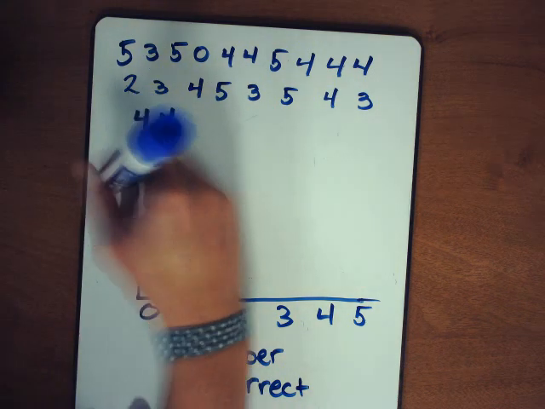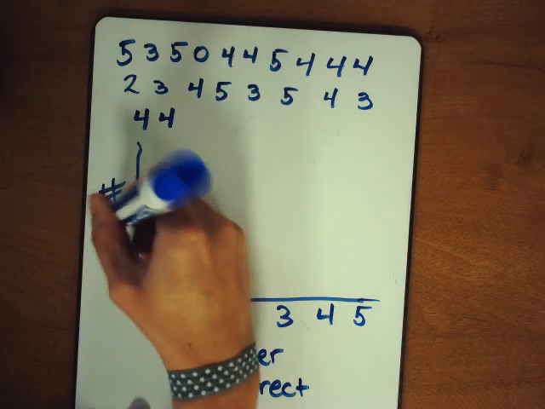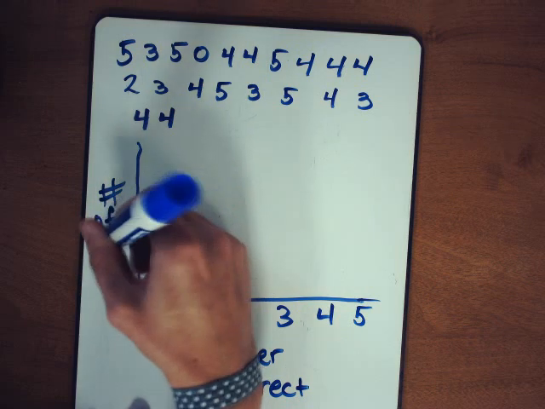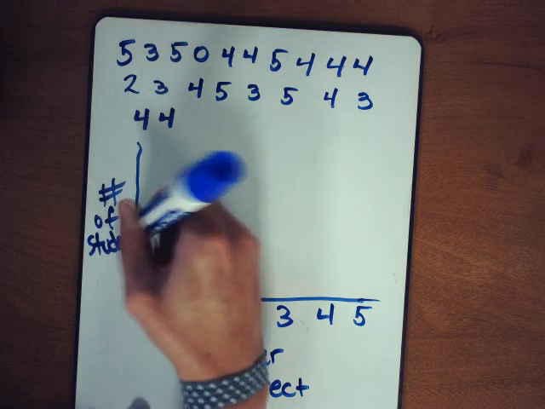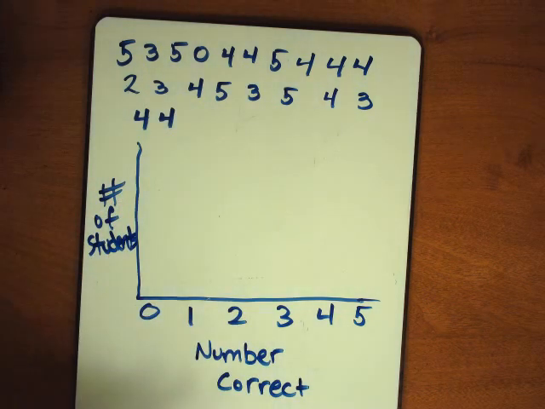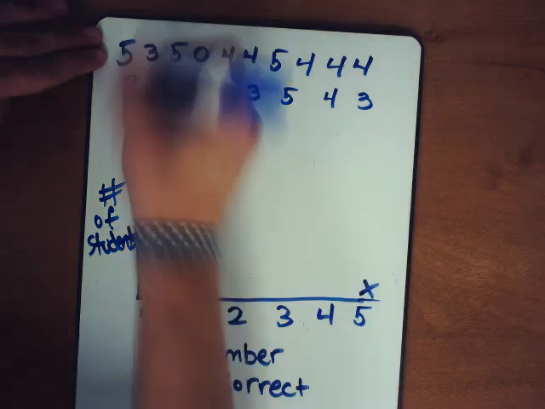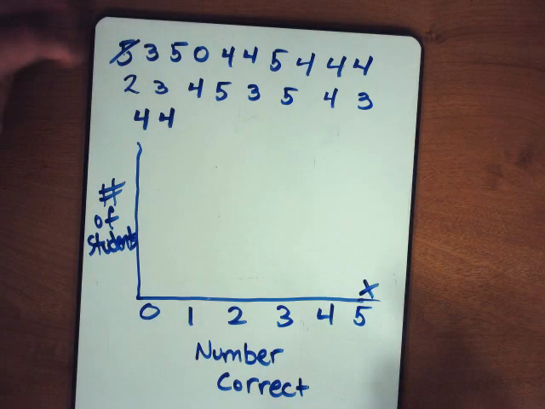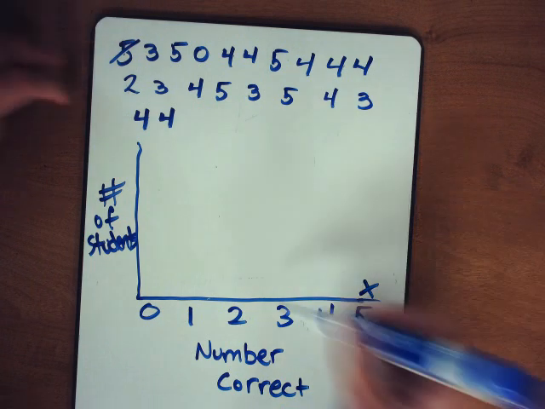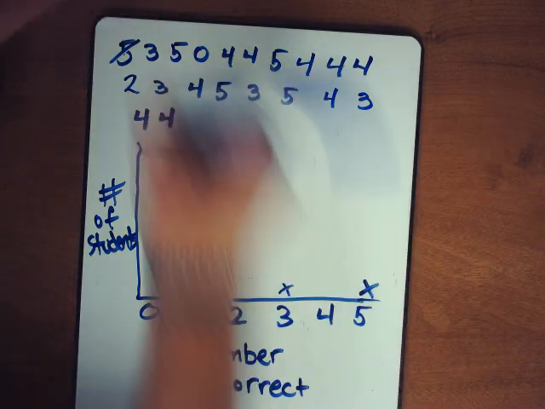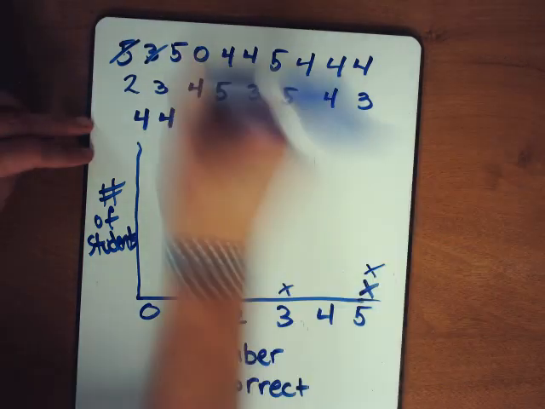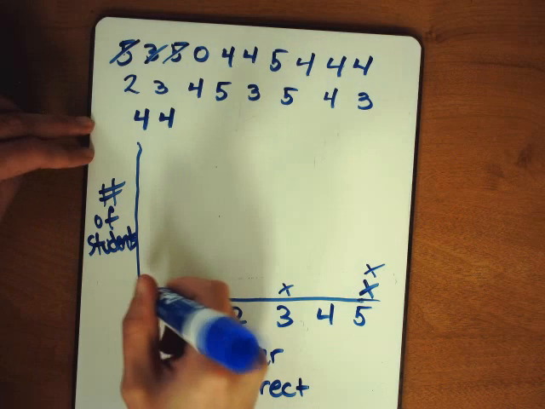I'm going to use a number sign here. Okay, so looking here, we had one student got 5. I'm going to cross out as I go. Another student got 3. Another 5. 0.